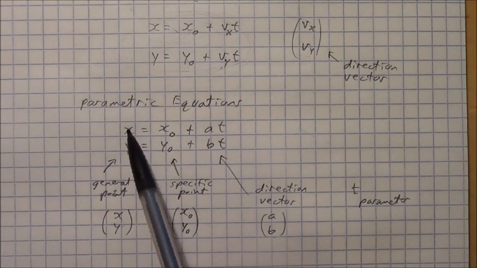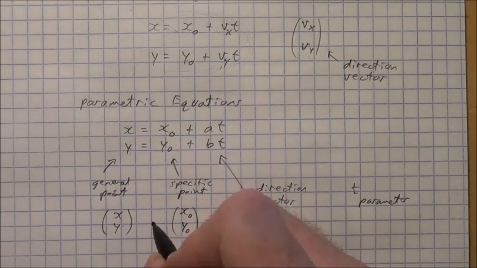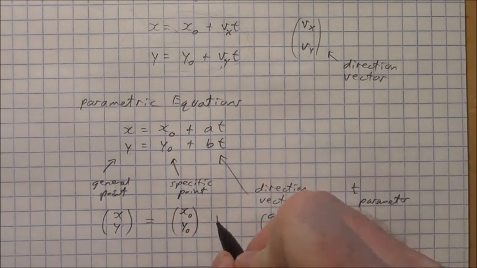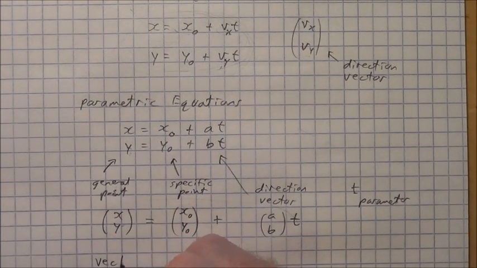If we put these two parametric equations together, as we've done here, this now is called the vector equation of the line.